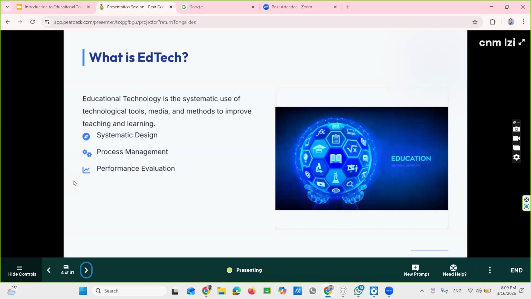Then what technologies are categorized under technological tools and media? Again, educational technology is a process of systematic design, process management, and performance evaluation.